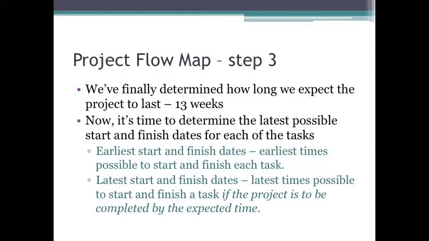So what we also need to figure out is the latest start and finish times. Specifically, the latest times possible to start and finish a task if the project is to be completed by the expected time. In other words, if we're going to meet that completion time that we saw earlier. Now, it is possible for us to start and finish a task later than that. However, it just means that the project is going to be delayed.